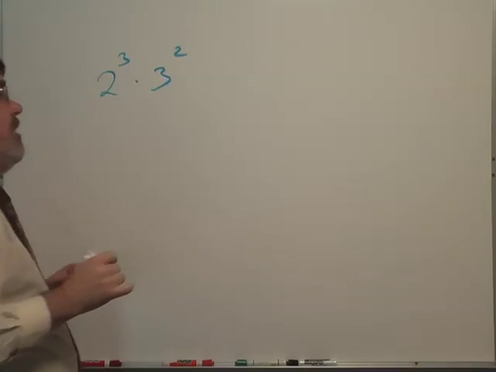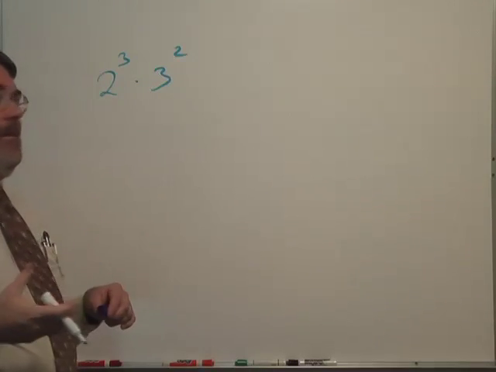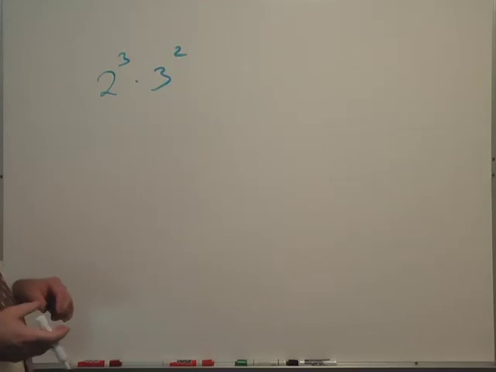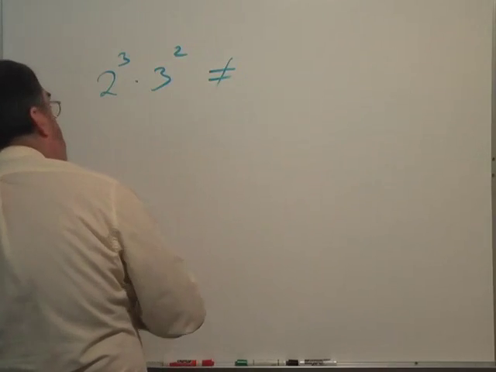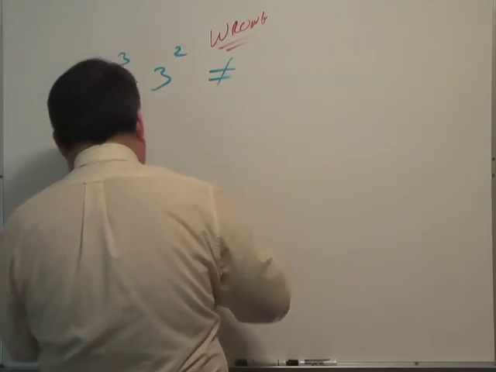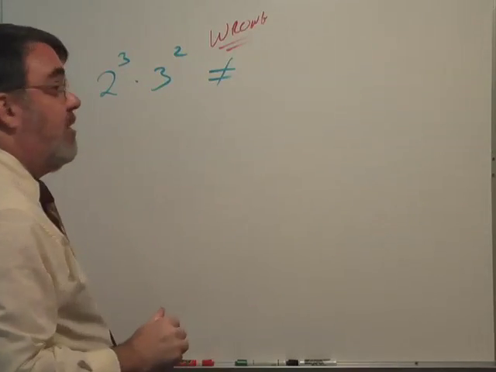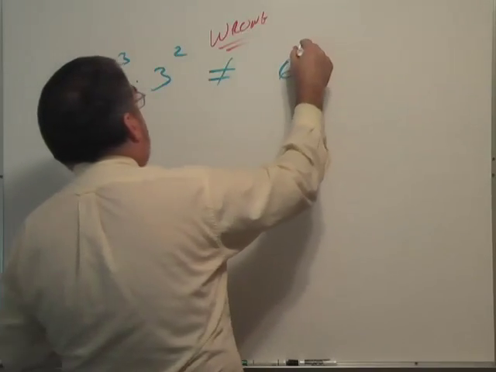So, if I put this on a test, the common error would be to get 6 to the 5th power. All right, so this is wrong. I'll emphasize this. Wrong would be to multiply the bases and add the exponents.